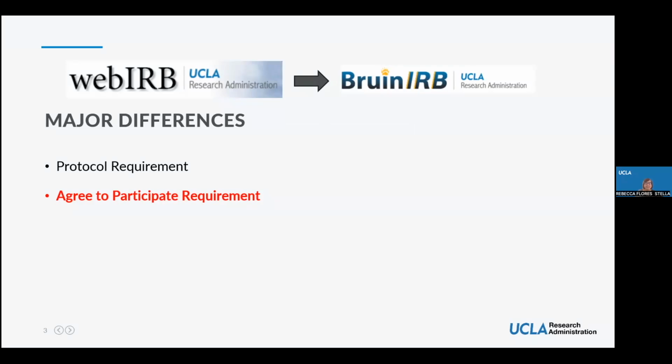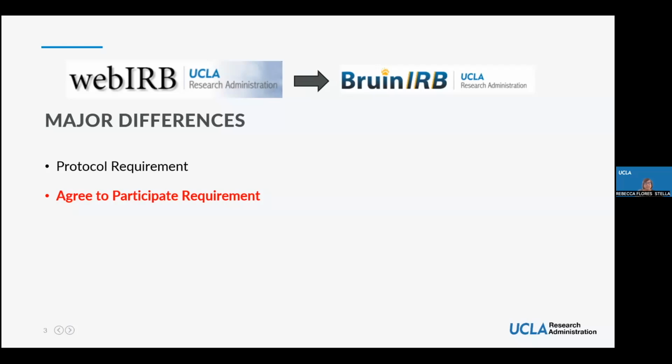Instead of asking study-specific questions within the context of the application, most of the questions in BruinIRB are used to help direct required review status, to flag regulatory considerations, and also to advise necessary ancillary committees at UCLA. The details of your application will be outlined in an uploaded protocol.